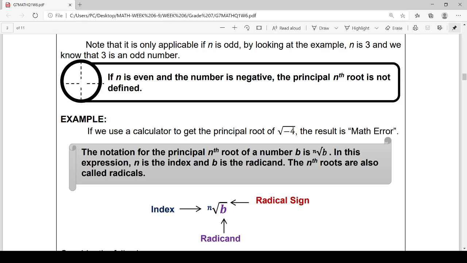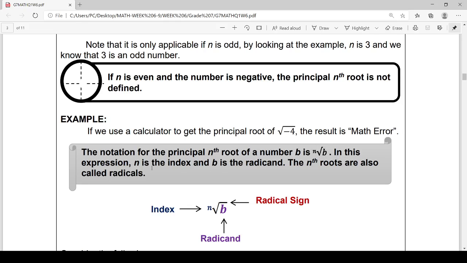The notation for the principal root of a number b is the nth root of b. That's the symbol.